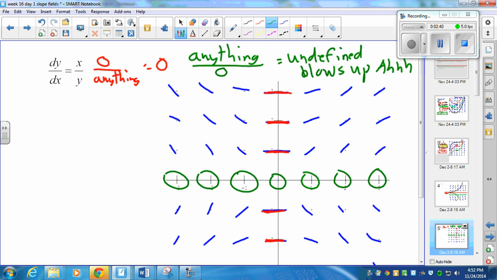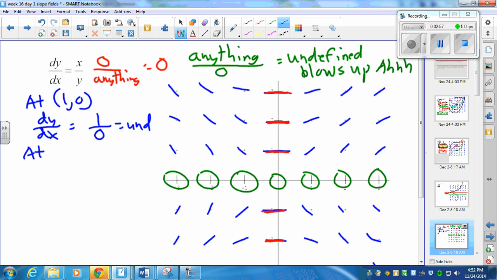Well, let's try one, like at 1, 0. At 1, 0, your dy/dx would equal 1 over 0, and we've already said that's undefined. But what happens if I tried at 1, 0.001? Is that pretty much the same spot? It's just a little bit higher. So let's see what happens.